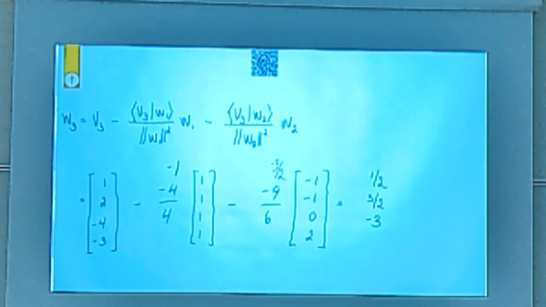And then we get what? Negative 3 plus 1 is negative 2. Negative 2 plus 3.